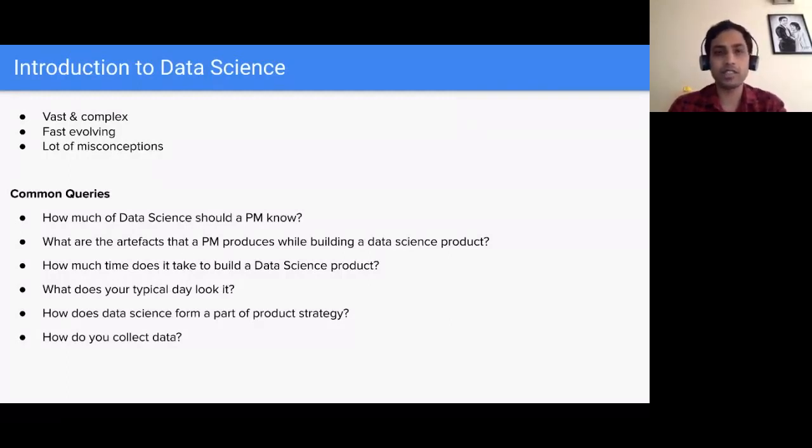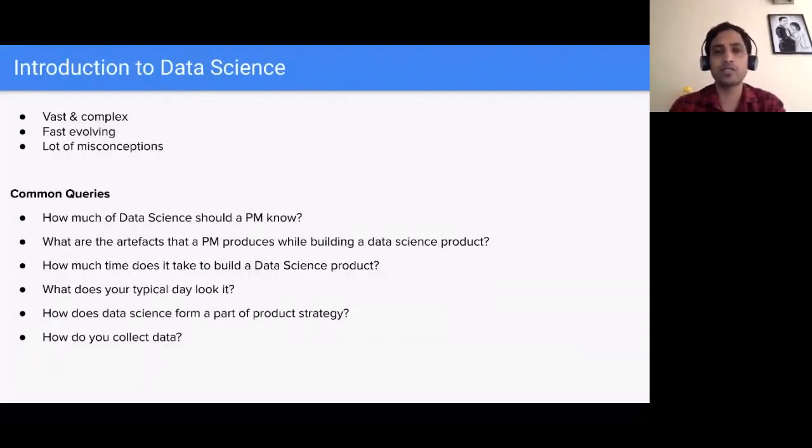But it's a very complex piece, right? And it's vast. There are a lot of concepts. There are different kinds of techniques like supervised learning, unsupervised learning. There are neural networks and all of that. So it's a vast space. It's a complex space. The second thing, it's fast evolving, right?